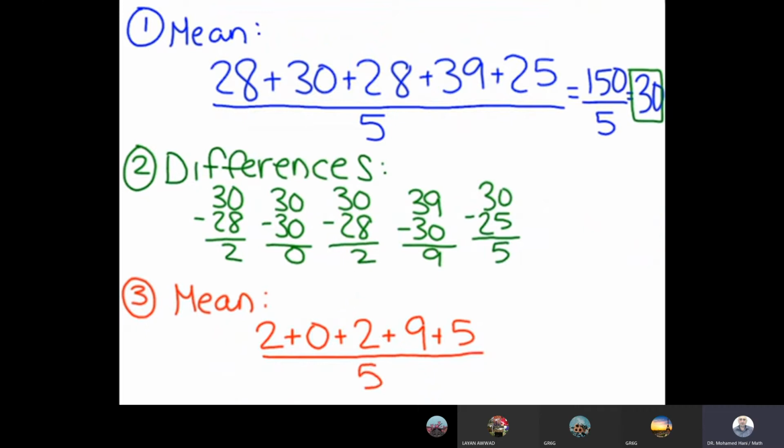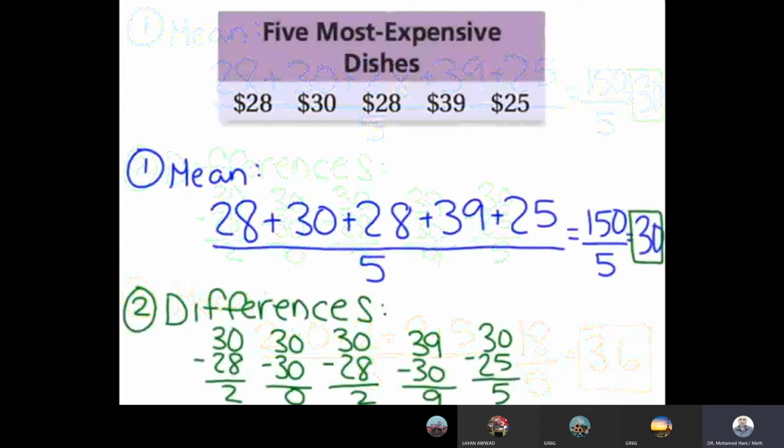So when you add up your numerator, you're going to get a total of 18. And 18 divided by 5 is 3 6/10. So the mean absolute deviation for the first set of numbers is 3 6/10. That means on average, each of these prices are about $3.60 away from the mean of 30.